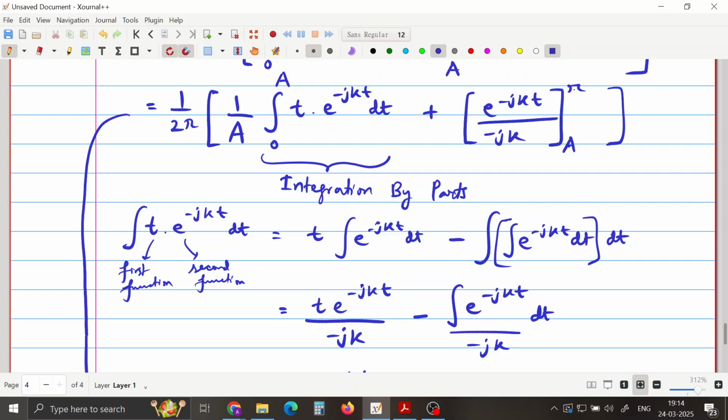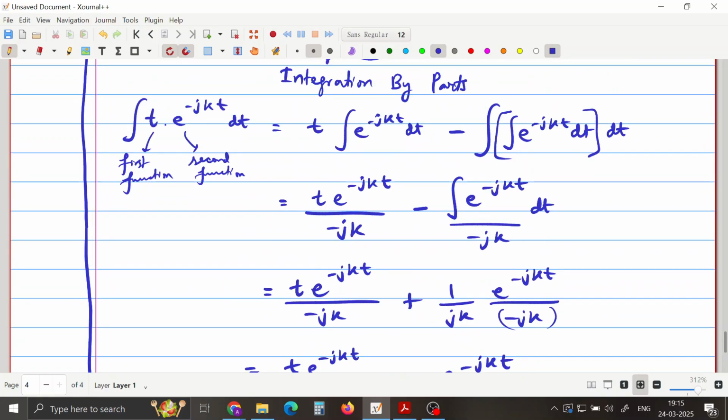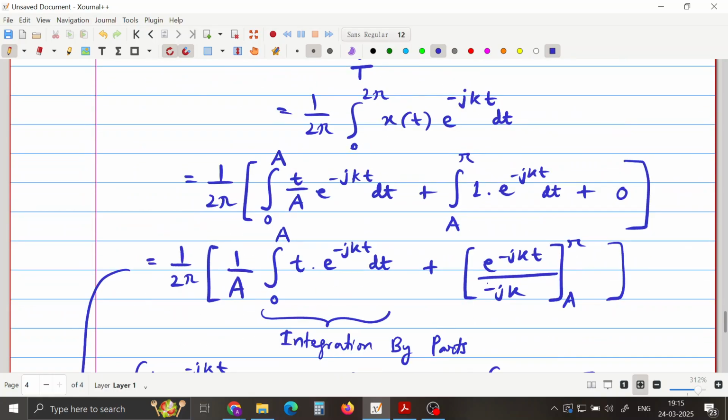So the upper limit is pi, so it will be e power minus jk pi divided by minus jk. Let's write it down. This is e power minus jk pi divided by minus jk, minus e power minus jk into capital A divided by minus jk.